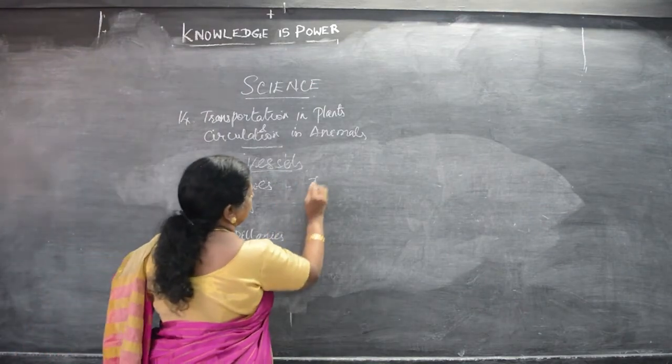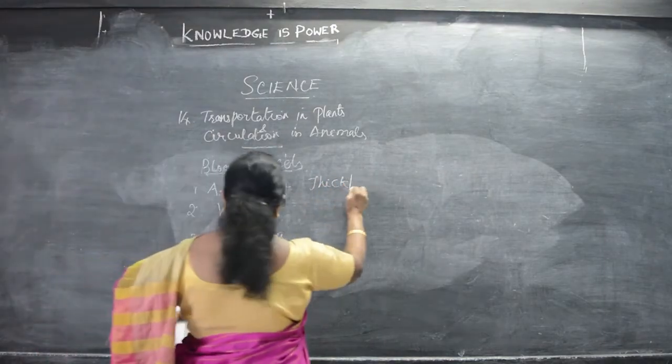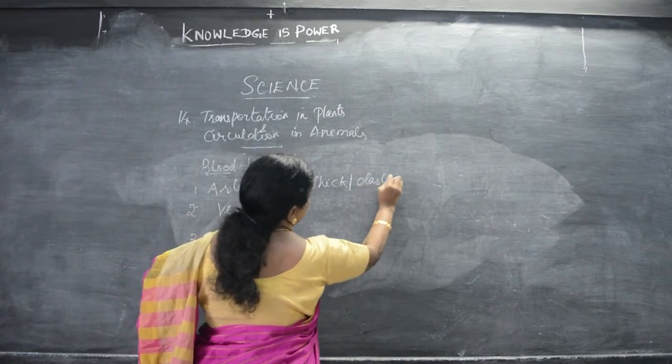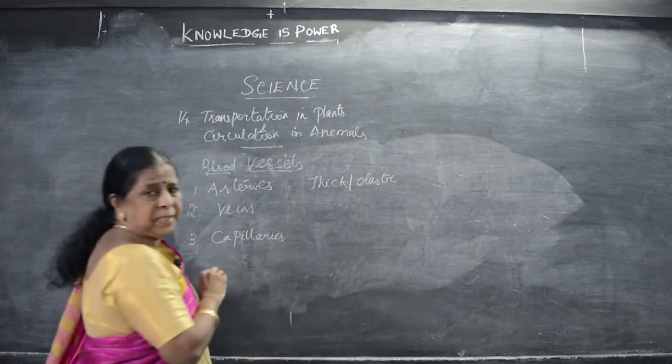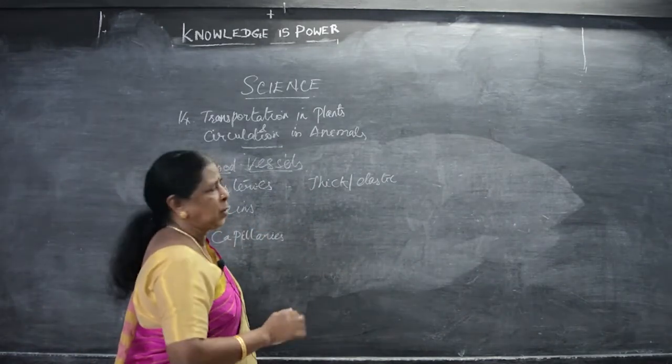Arteries have thick walls, elastic in nature. You know what's the meaning of elastic? Elastic means easily expand and contract.